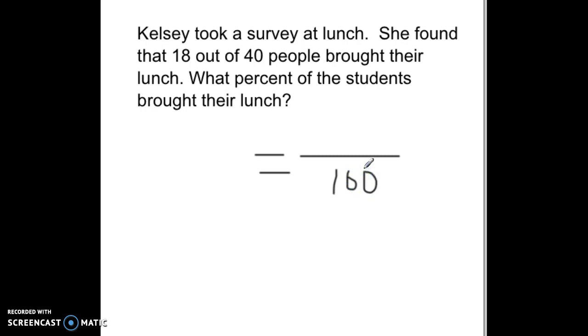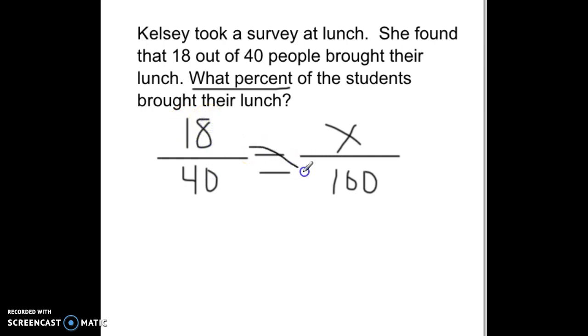That doesn't change. The second thing I look for is percent. Well, in this case, it says what percent? In other words, we don't know the percent. Over here, it says she found 18 out of 40 people brought their lunch. So there's 40 people total, and 18 of them brought their lunch.